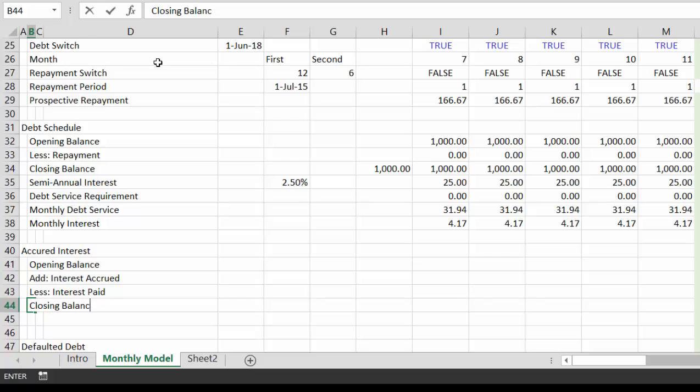Now, in a subsequent video, I hope not in the too distant future, because I'm getting really sick of this, we take our interest and multiply that by the repayment switch, and we take the opening balance plus this minus this.